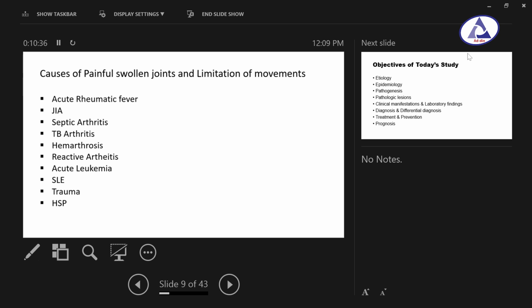And reactive arthritis, acute leukemia, systemic lupus erythematosus, traumatic arthritis, and HSP. Keep these in mind as causes of painful swollen joints and limitation of movements.